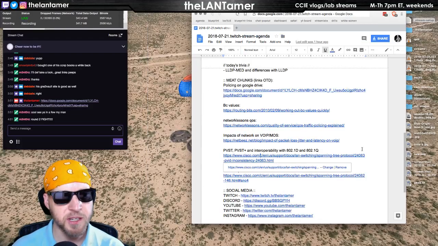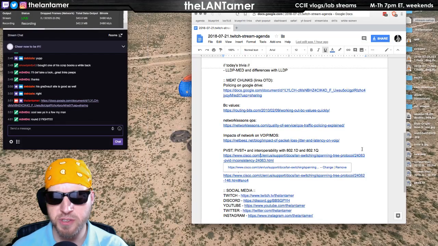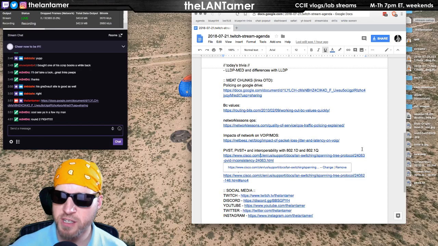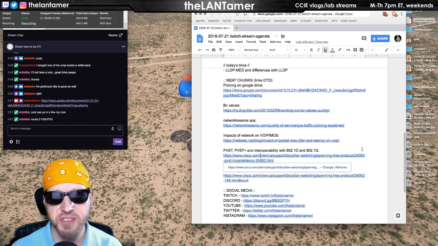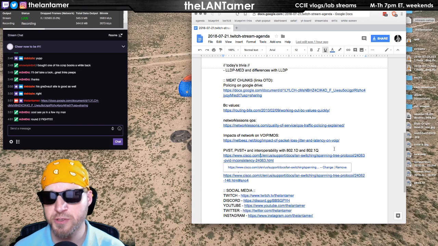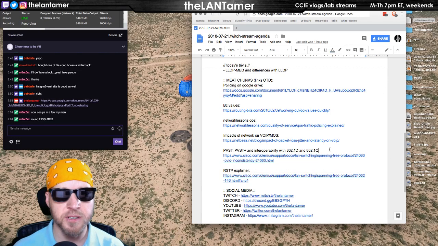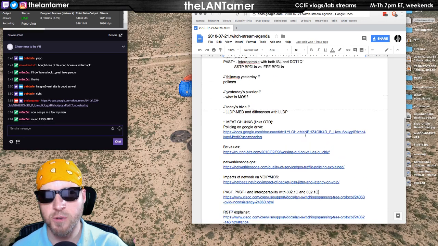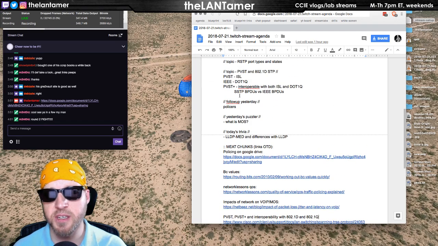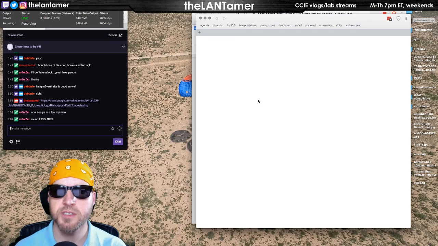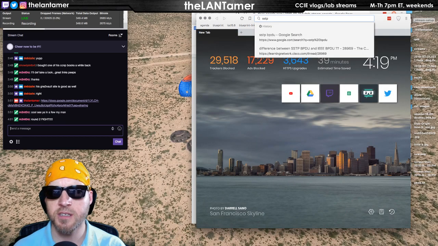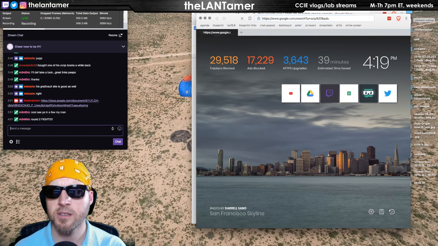But yeah, when you look side by side at the BPDUs that Cisco uses and the standard IEEE 802.1D, the address is different. Well, actually what Cisco will do for interoperability, it will send both what's called an SSTP, which is shared spanning tree, SSTP BPDU.